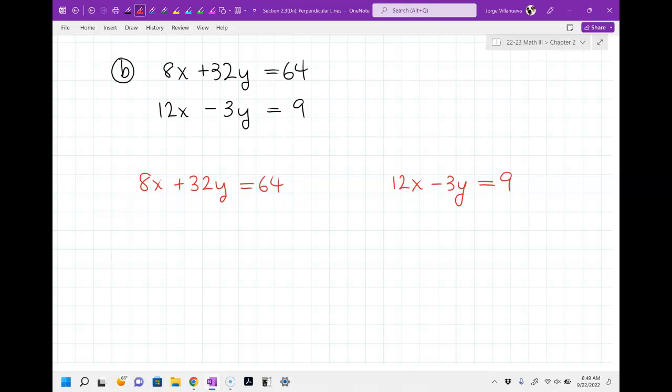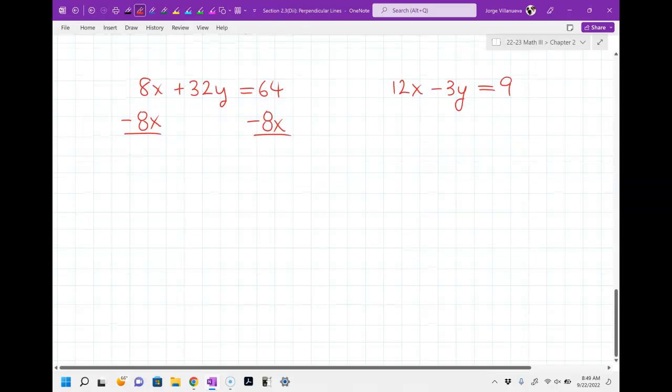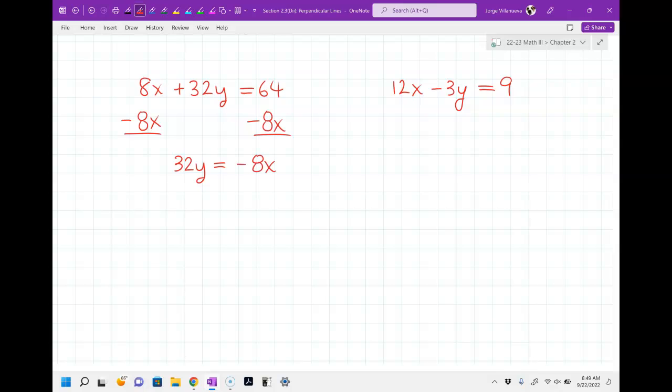All right. So let me subtract 8x on both sides. For the first equation. Sorry, I didn't tell you which one I was going to do that for. But for the first equation. So when I do that, I'm going to get 32y by itself equal to negative 8x plus 64. What should I do next?